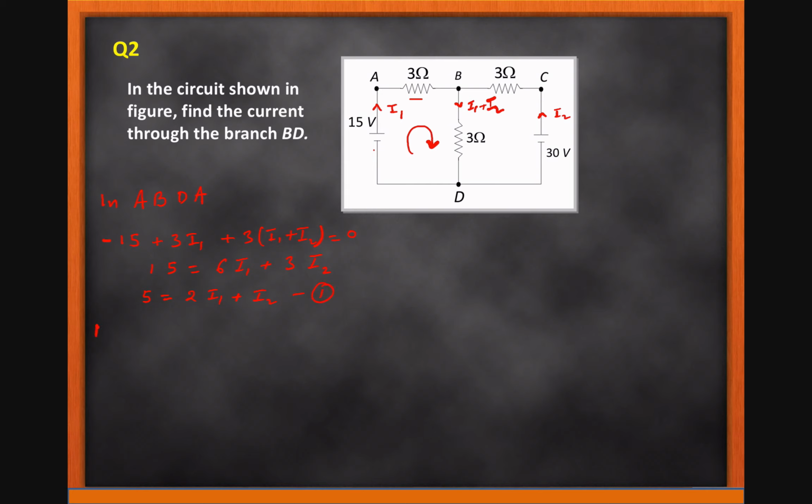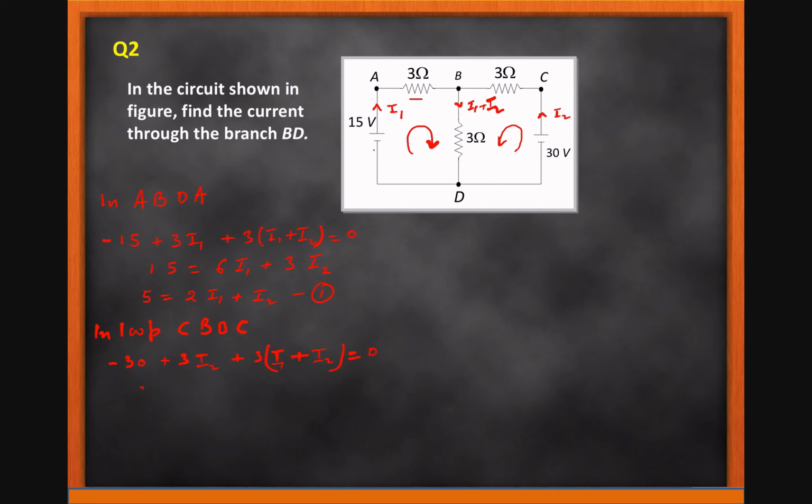Now in loop C, B, D, C, we'll write minus 30 plus 3 I2 plus 3 times (I1 plus I2) is equal to 0.